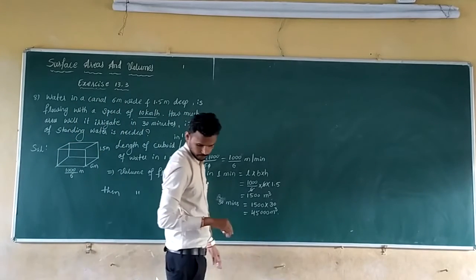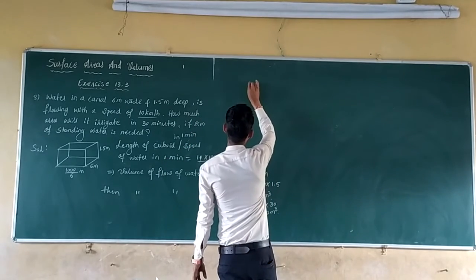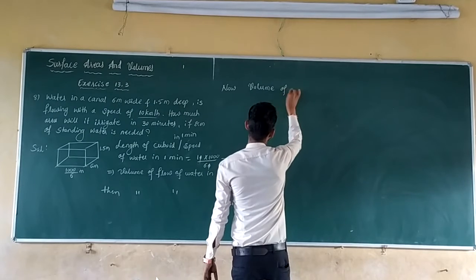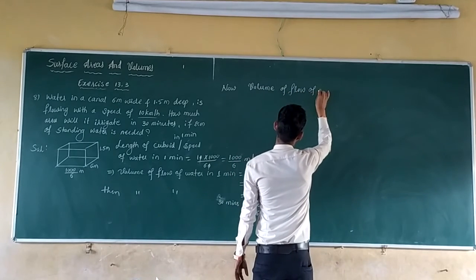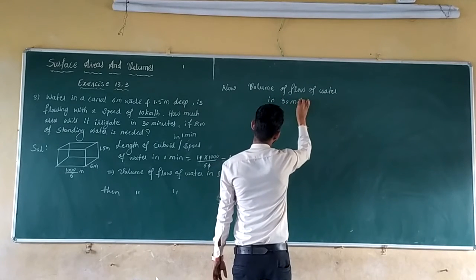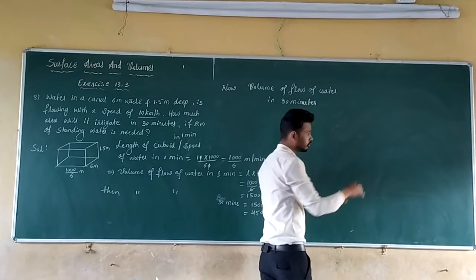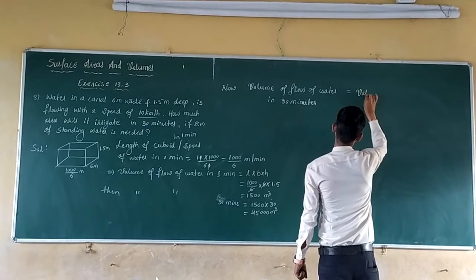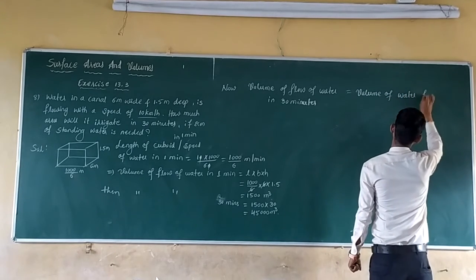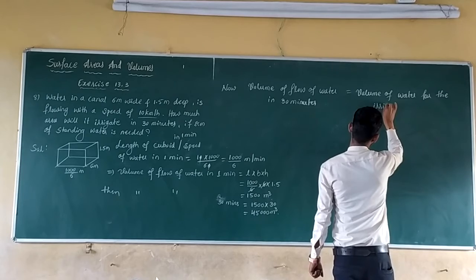So now write that the volume of flow of water in 30 minutes is the same as the volume of water used for the irrigation.